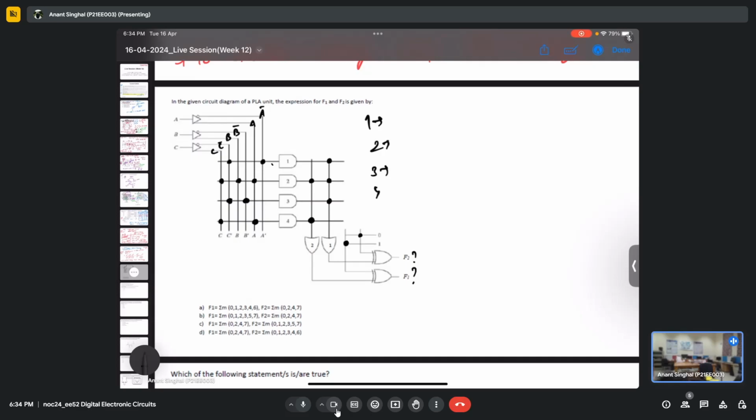Output of 1 will be C complement ANDed with A complement. And for 2, we have C, B complement, and A. Then for 3, we have C complement and B complement. And for 4, we have C and A.